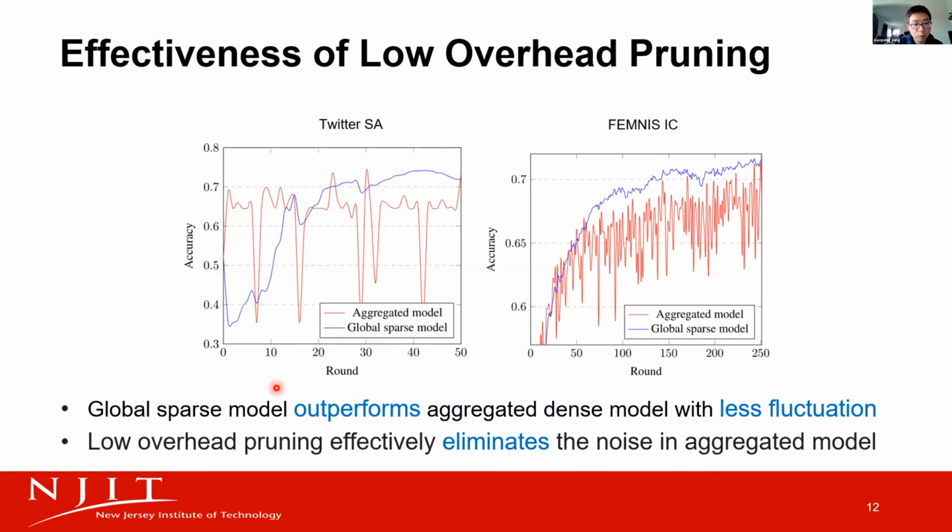As we can see, the global sparse model outperformed the aggregated dense model with less fluctuation. This indicates that even simply removing some low magnitude weights can effectively eliminate the noise in the aggregated model.